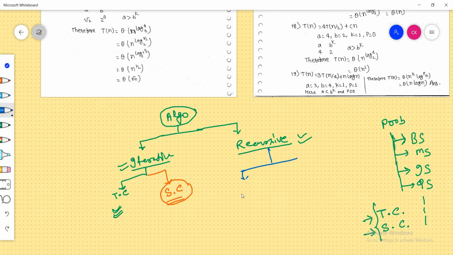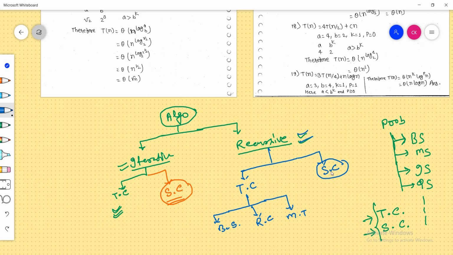For a recursive program also, to solve time complexity we have three techniques. One is the back substitution technique, second is the recursion tree technique, and third is the master theorem. And how to find the space complexity of a recursive program, we will discuss in the next class.